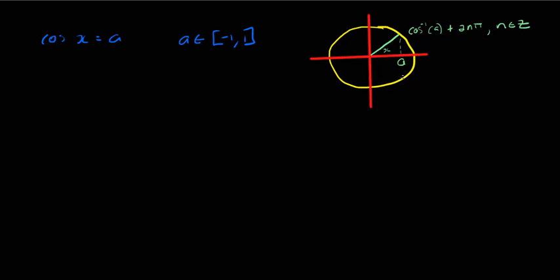But also these ones down here, like that's the negative of the inverse cos of a down here, and any n multiple of 2 pi keeps landing you here. So that's also another solution.